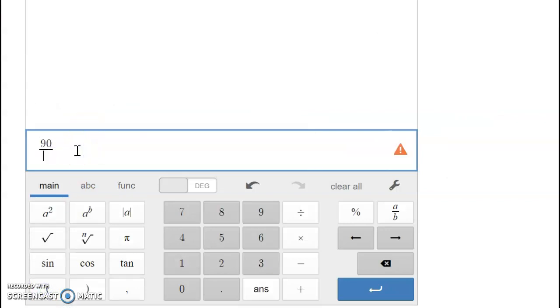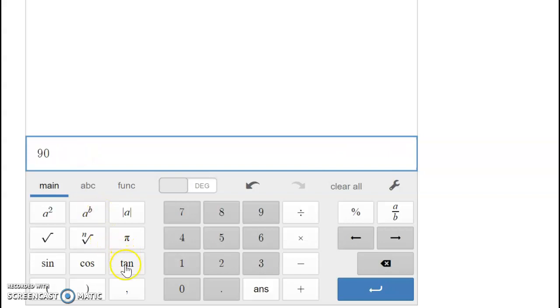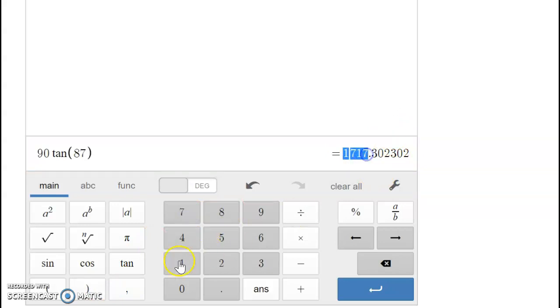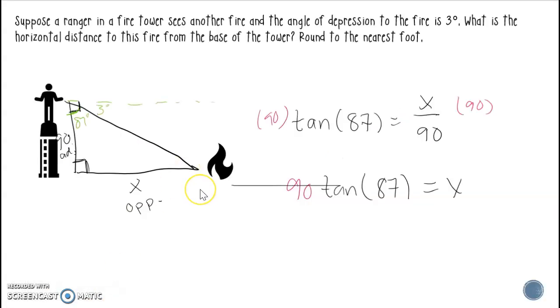And if I type that in, I get the same value, 1,717. So that is just another method you could use to solve the same problem.